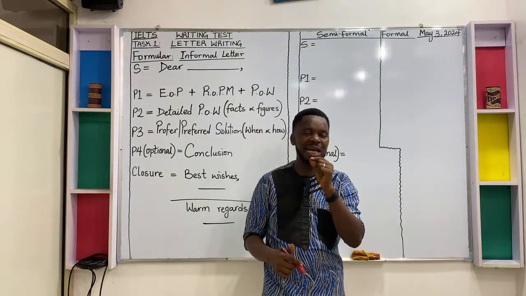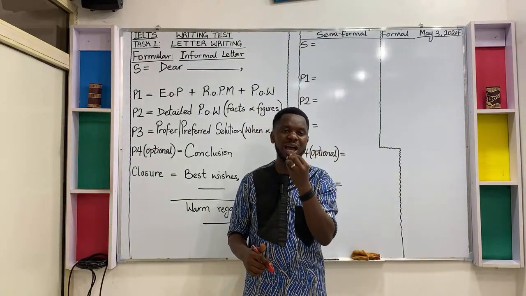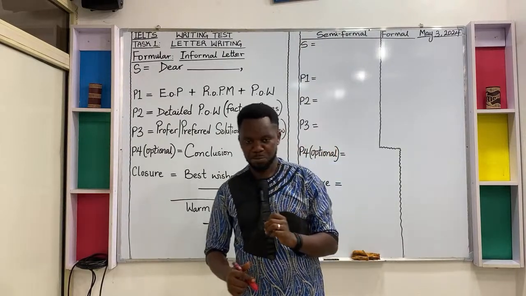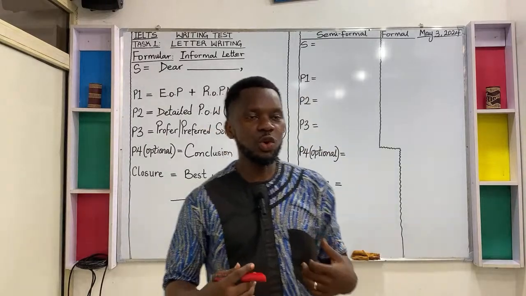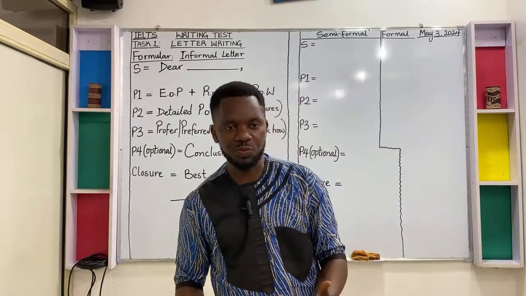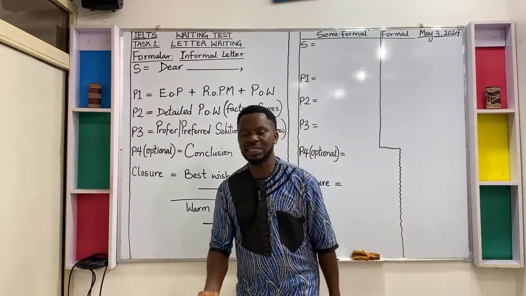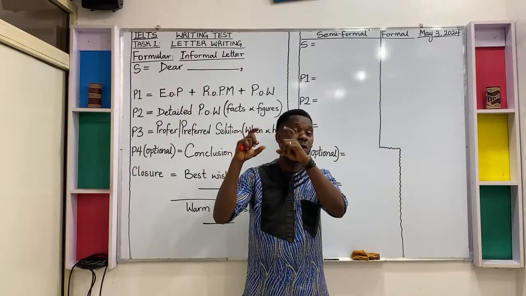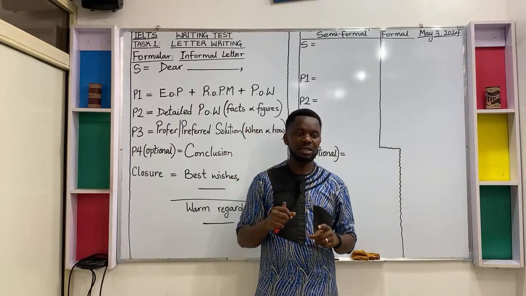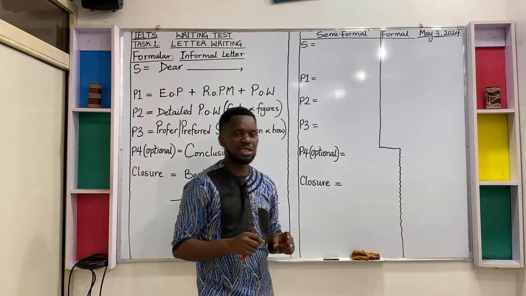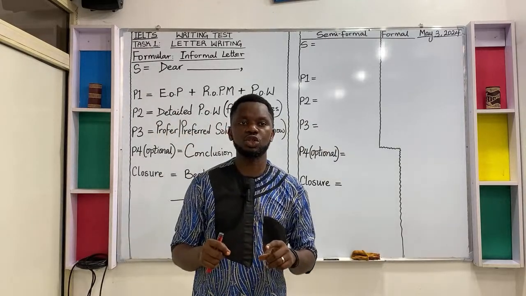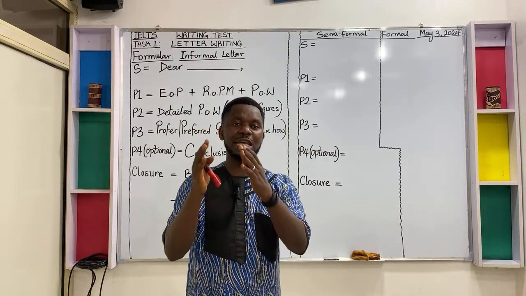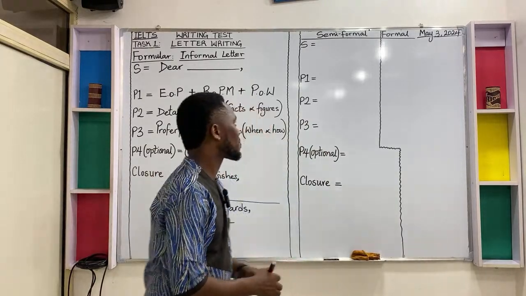So you already know the person you are talking to. You have some level of acquaintance with the person, although it is an official relationship. So when you are writing the person, there are some features you should bring into your semi-formal letter, right?